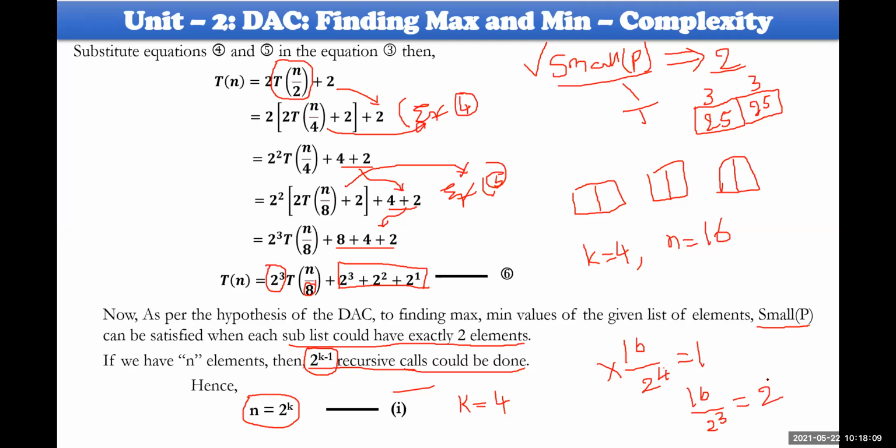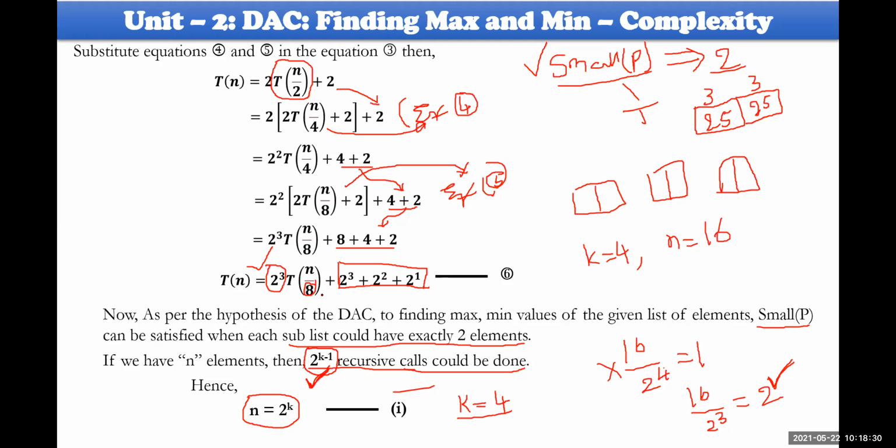So each sublist has 2 elements. Therefore, this equality will be satisfied for this equation. I'm talking about this particular equation only.